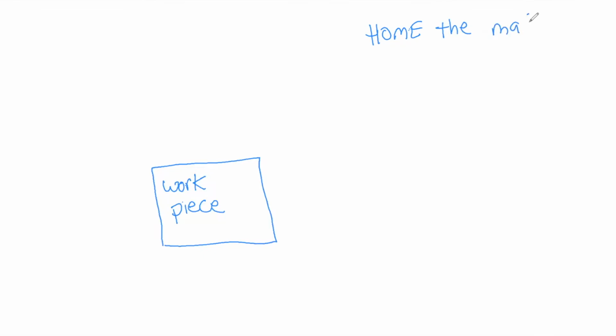So when you home the machine, it is going to move the three axes, X, Y, and Z, to the extreme positive locations until the switches are hit. Now, that's normally going to be in this top right corner over here.